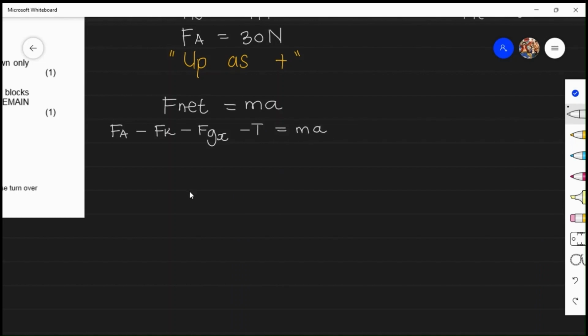Now, from here, we have the value of applied force, we have the value of kinetic frictional force, and we need to try and break up the parallel component of our force Fg, which is Fgx, into its formula because we do not have the value of Fgx. And tension is what we are trying to calculate, so we are going to leave that as T. So let's try and get our formula of Fgx.